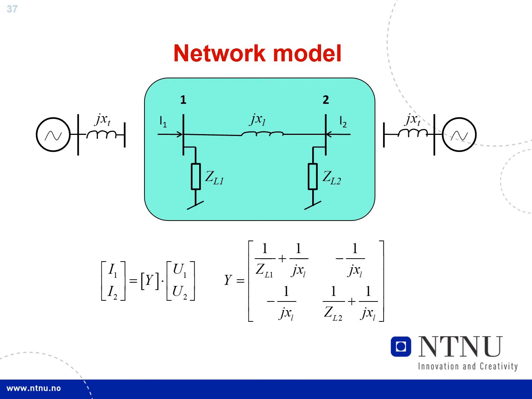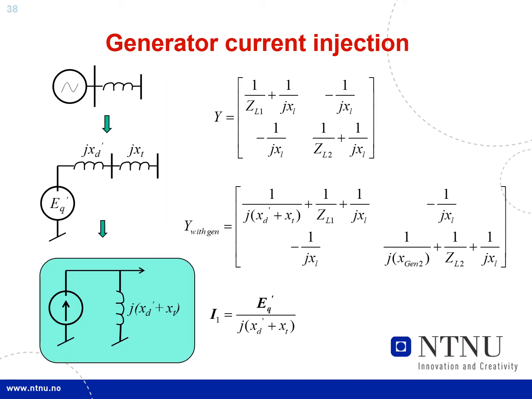Then you have an admittance representation of the network. And that network can be described like this, using the well-known formula for representing the admittances. And then what we do is we assume that the generator is modeled as a voltage source, transient or sub-transient source behind a reactance.